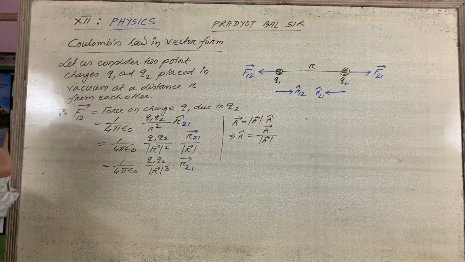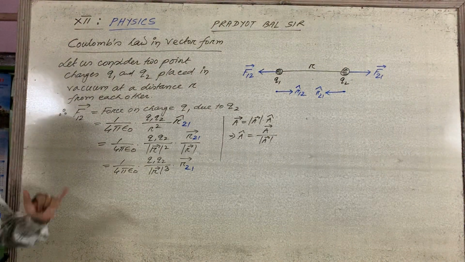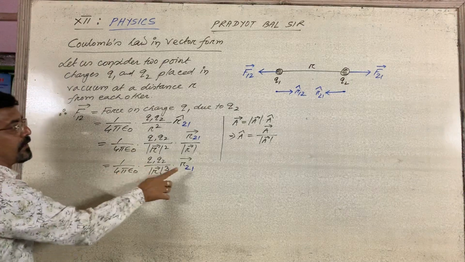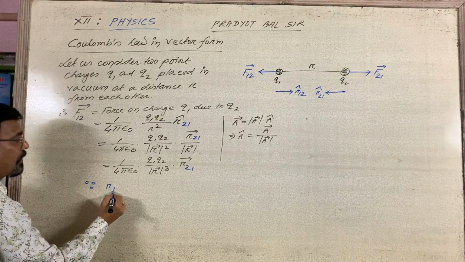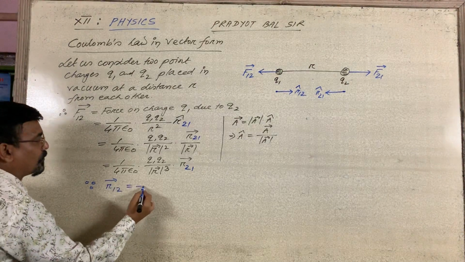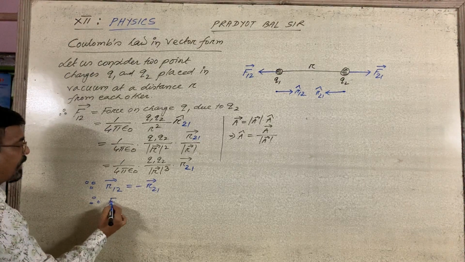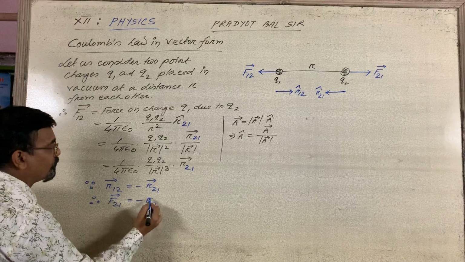Just check it out. Now, if you compare these two, F21 vector and F12 vector, this part is same in both cases. Just this is the difference. Since R12 vector is equal to minus R21 vector, therefore F21 vector is equal to minus F12 vector.